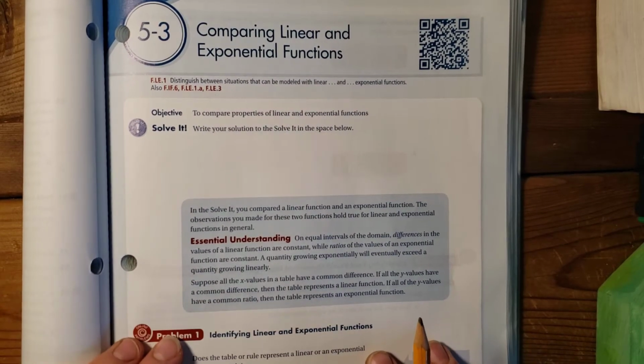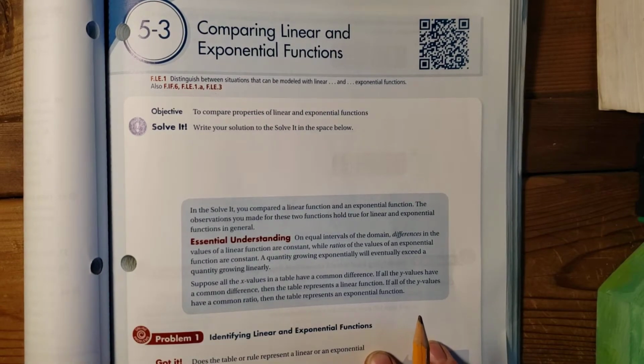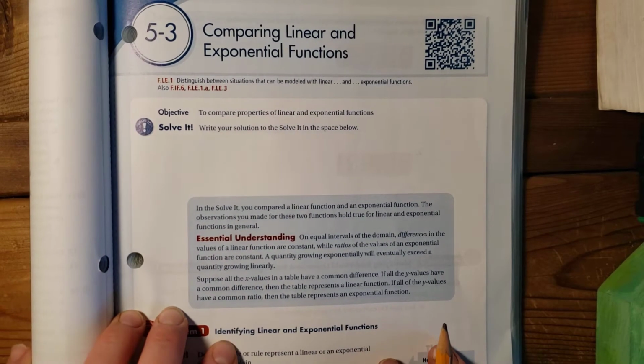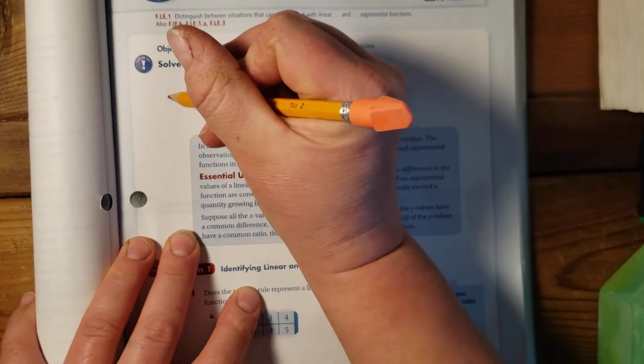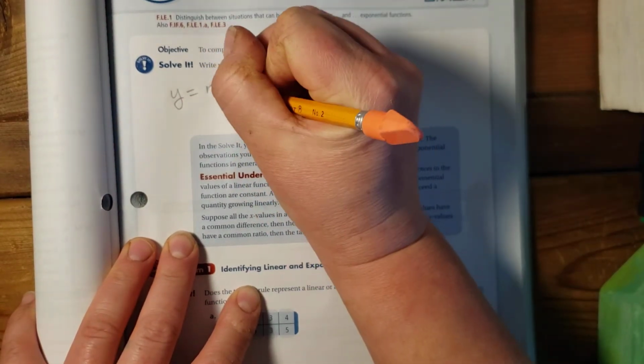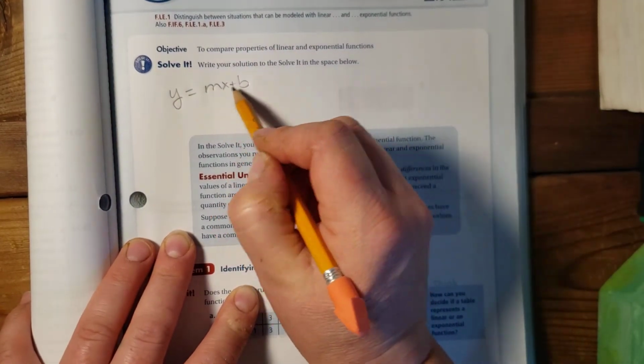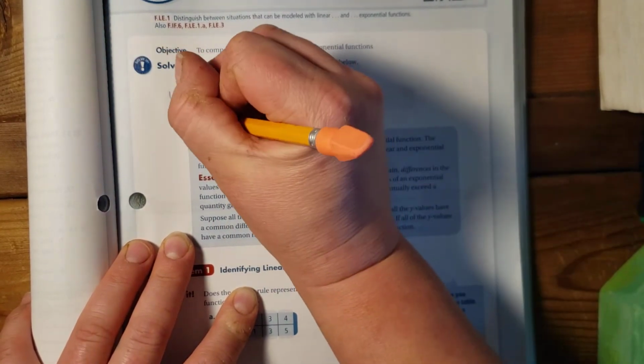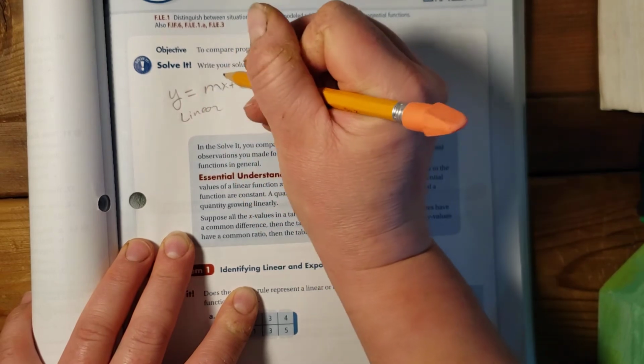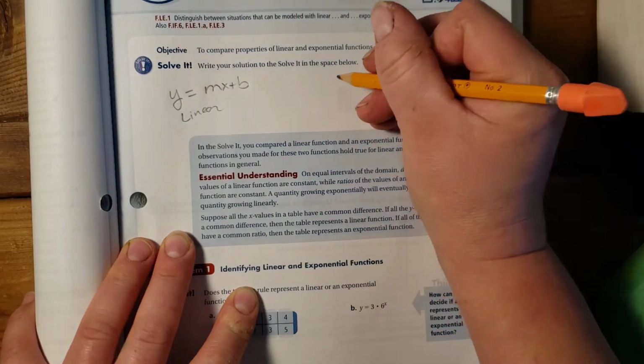Hopefully you watched the first video where I compared linear and exponential functions, but just to reiterate, a linear function is going to be written as y equals mx plus b, or one of the other ways that we can write it, but the x is going to be in line with everything. This is linear. We're not raising anything to any power.